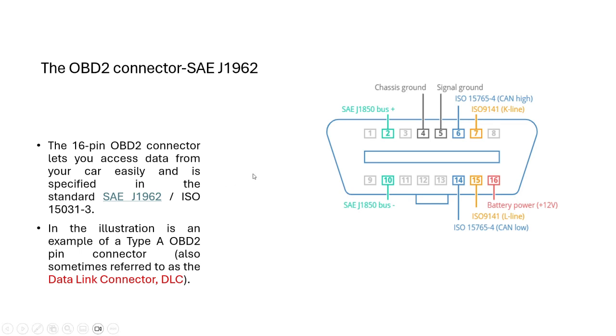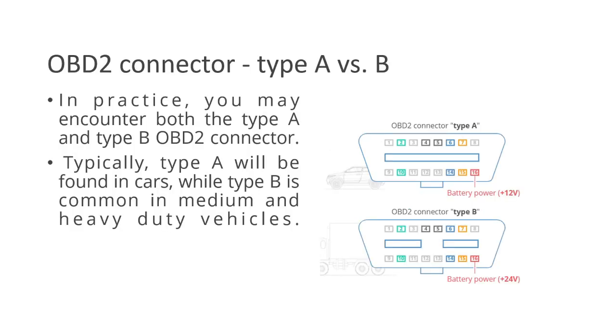This OBD connector is also called the data link connector, DLC connector, because it is used to collect all the data from the vehicle. There are two types of OBD connectors, type A and type B. Type A is what we discussed.